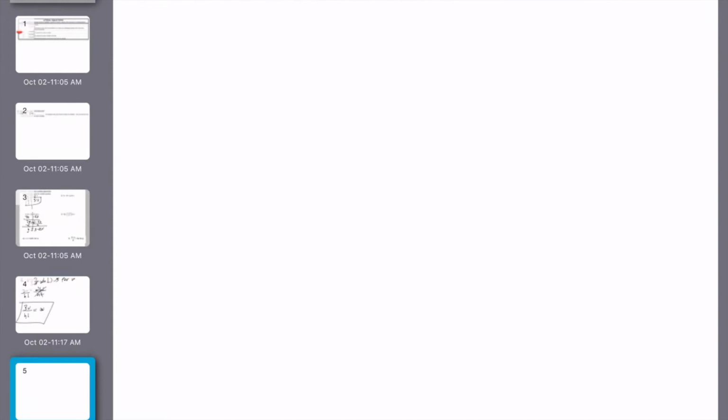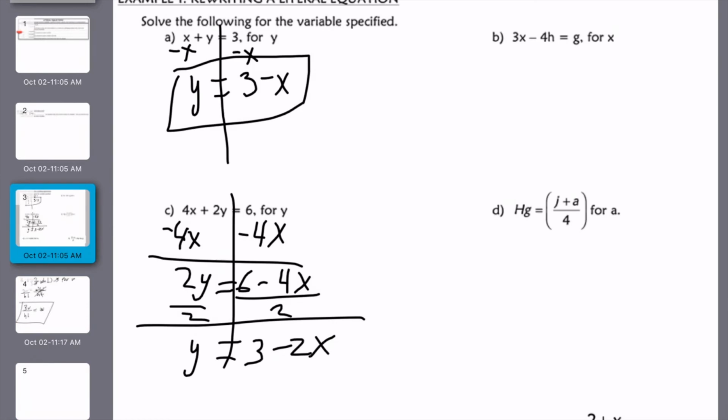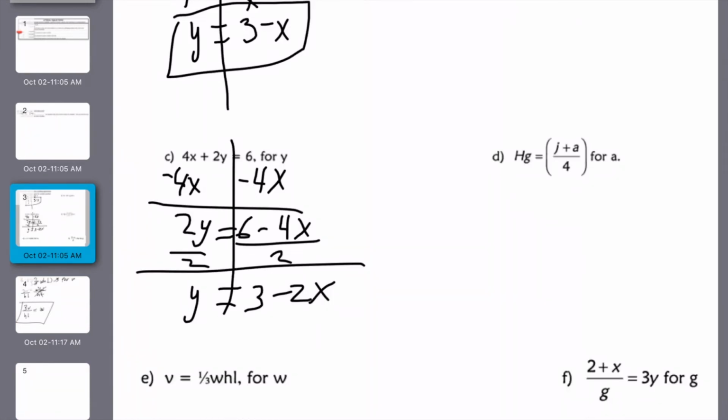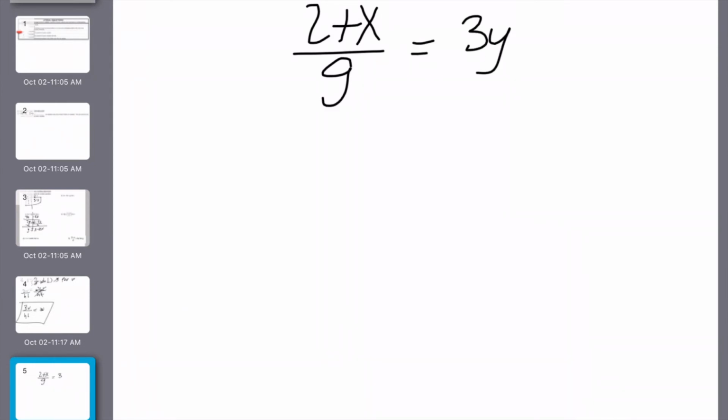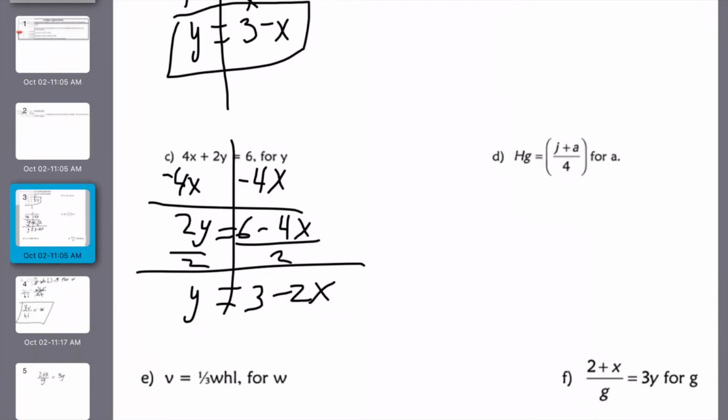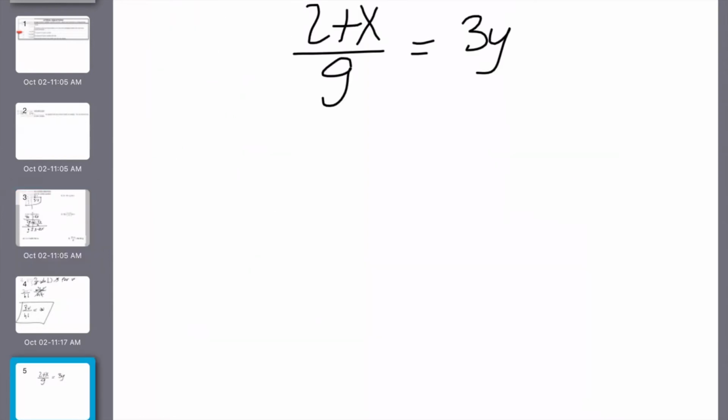Let's make another slide and let's solve for F really quick, because I know that some people are going to want that. 2 plus x over g equals 3y. Whoops, that's a 3. So I'm solving for g. I'm going to multiply by g on both sides, that way I can get rid of my denominator.